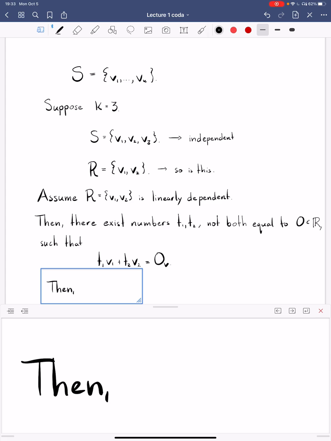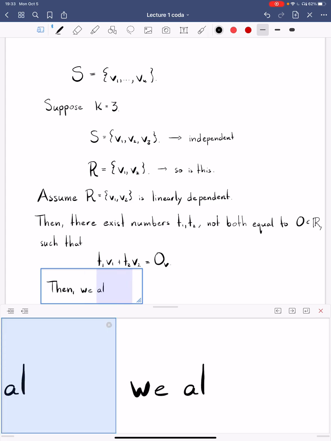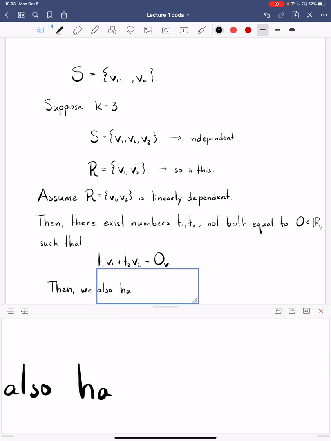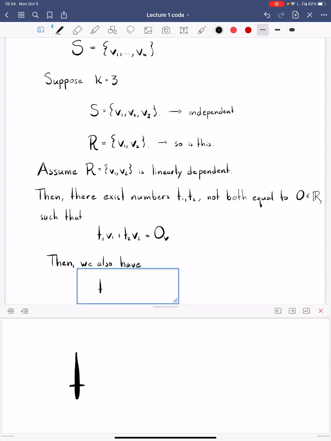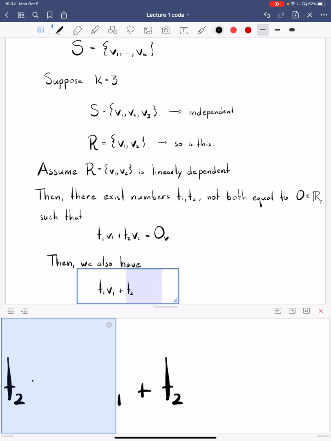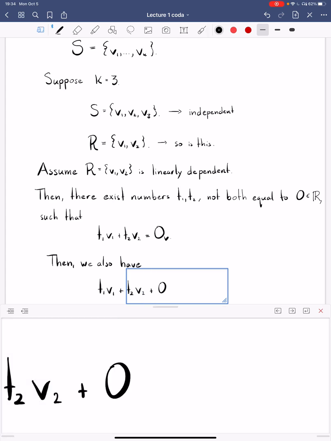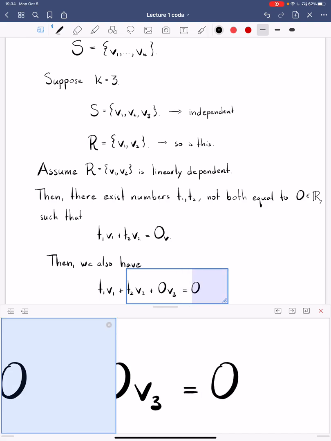Then we also have t1 times v1 plus t2 times v2 plus the number 0 times v3 is equal to the 0 vector, right?